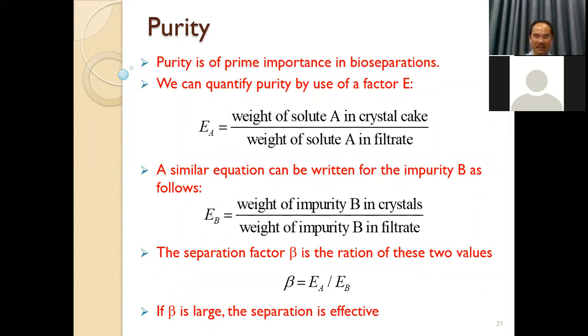After you filter, the impurity can be removed by filtering. Okay, and then you can calculate the separation factor by the ratio of EA and EB. EA is maybe the desired crystal, B is maybe the impurity. Beta should be greater than what you prefer because you prefer A.